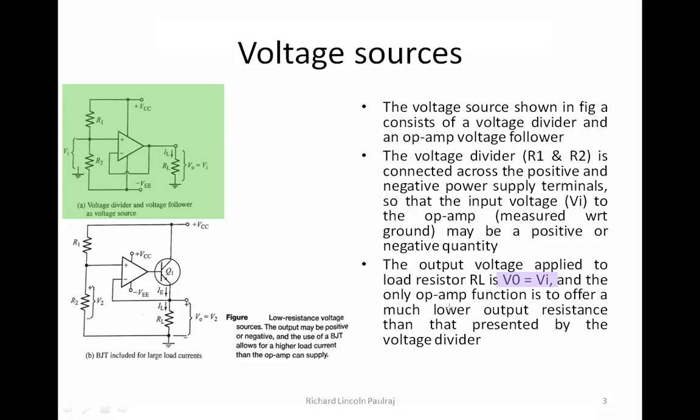And the only op-amp function is to offer a much lower output resistance. So we have seen infinite input impedance and almost zero output impedance compared to that presented by the voltage divider. So at the output side, it should make sure that there is very low output resistance, so that the currents can flow out.